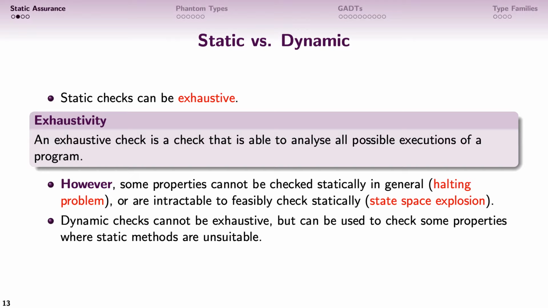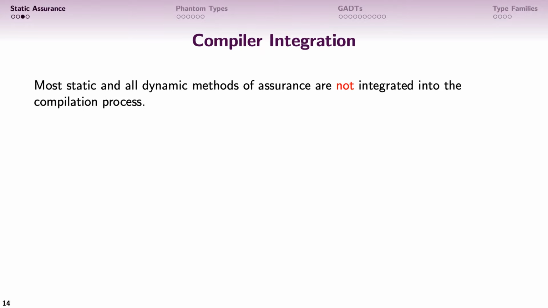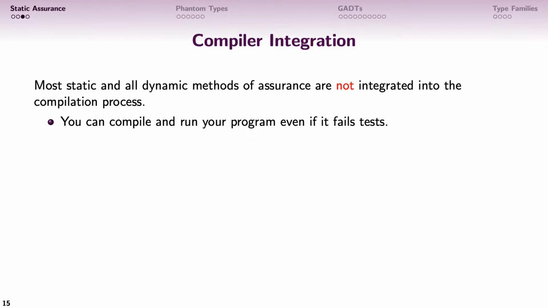Another important aspect about these methods of assurance is that most of them, even tests, which are very common, are not integrated into the compilation process. What does that mean? Well, I can compile my program and run it, even deploy it to my users, with it still failing some tests, and this happens unfortunately often.